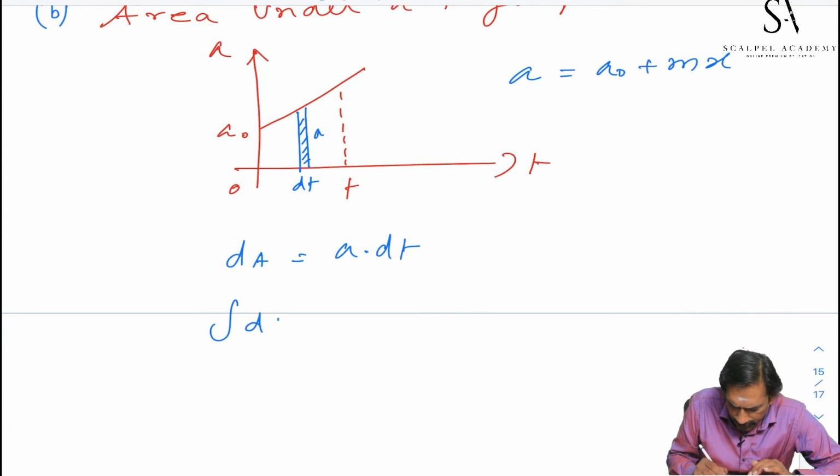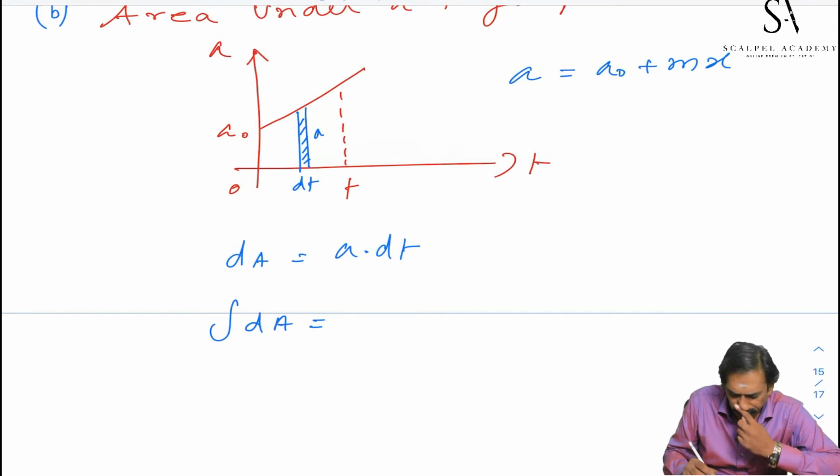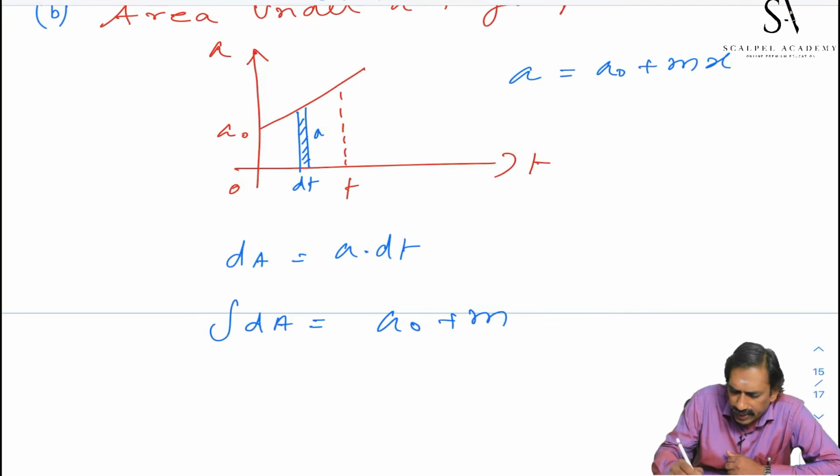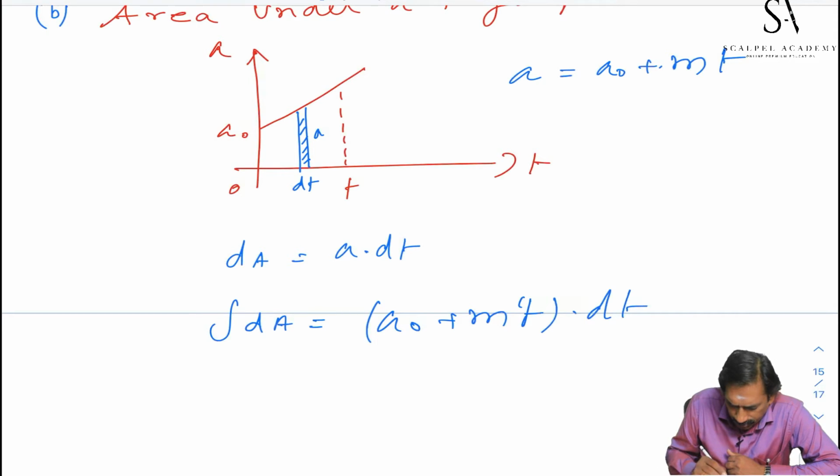Then integral dA is equal to a naught plus mt. This is mx. On the x axis we have mentioned t. So, mt dot dt.